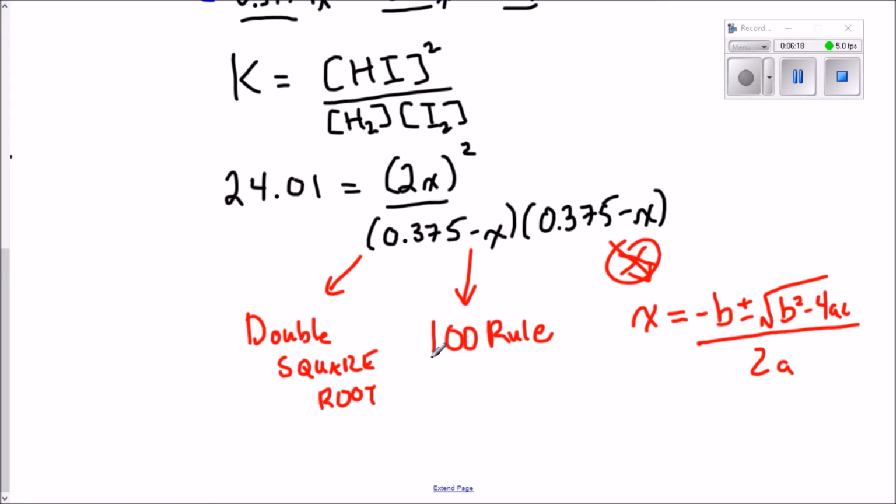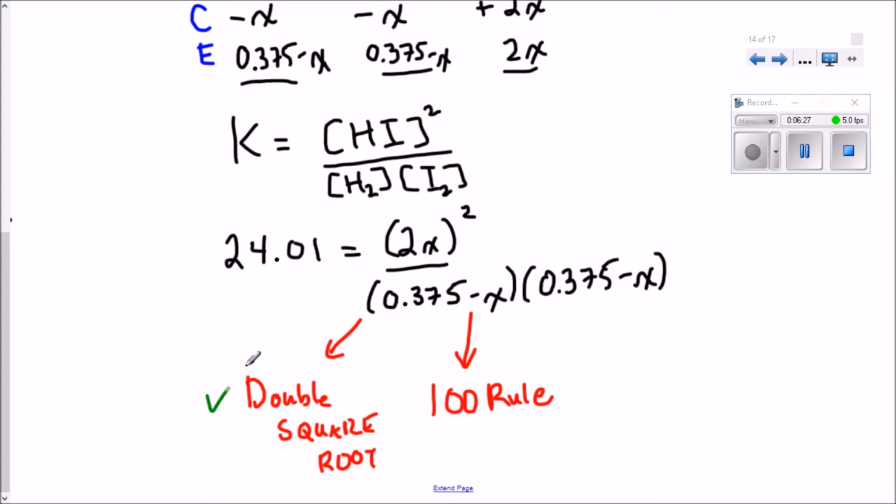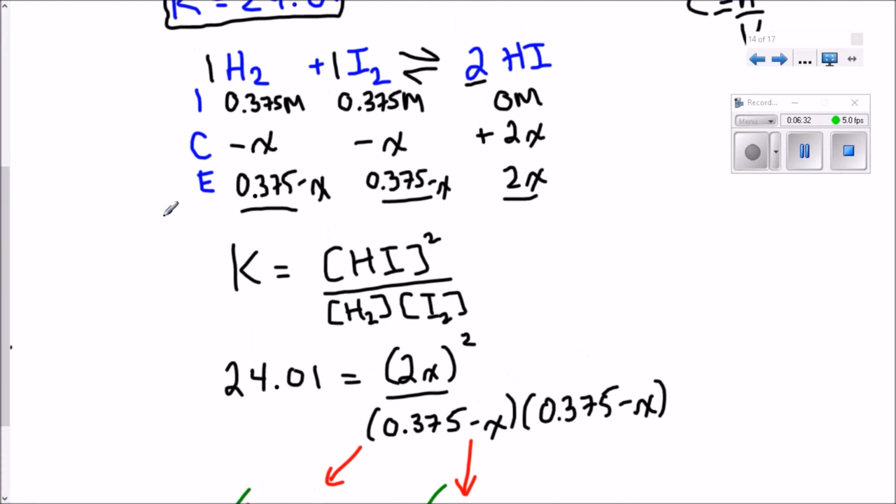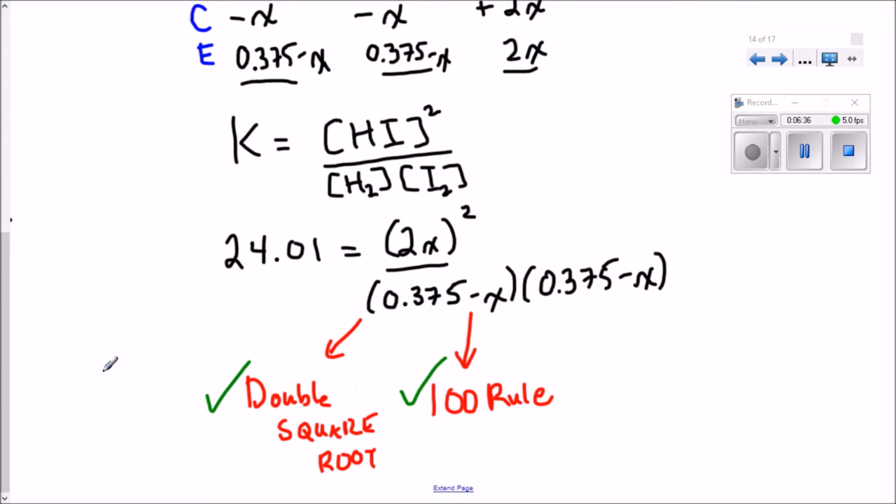So you have to learn how to identify the double square root method, and you have to be able to identify the 100 rule. In this question, we're going to learn whether we can do both. First of all, we have to take a look at k. If k is very small, we can use the 100 rule.